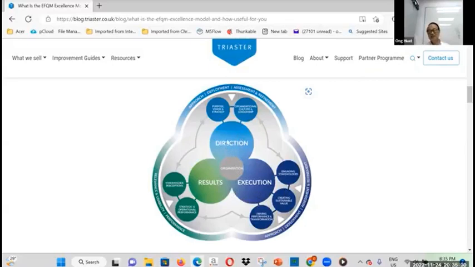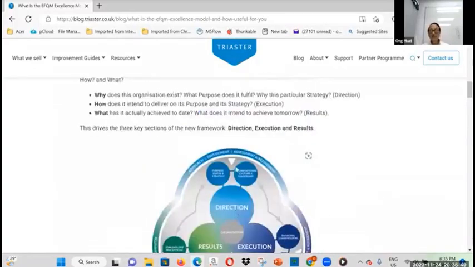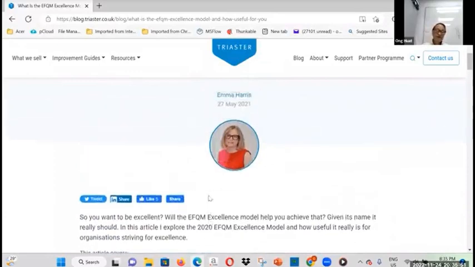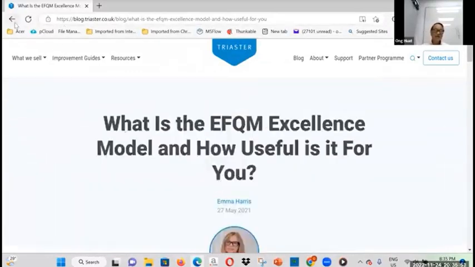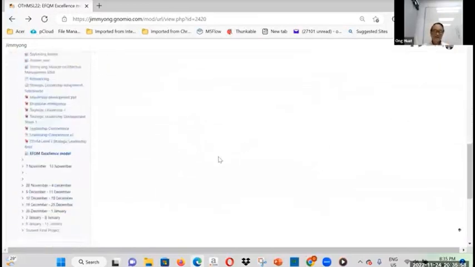Direction is kind of your planning. Result is your kind of outcome. Execution is the process in which you manage the implementation. And all this will build up your center core, which is what we call an organization. Okay, so much so that I spent a few minutes to let you understand what is required in the criteria.